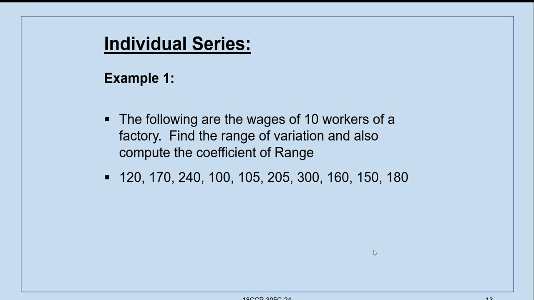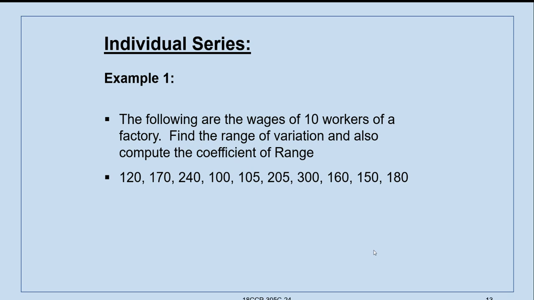Computing means calculating. Here you arrange this series in ascending order, that is smallest value first, highest value last. So the smallest value is 100 and the highest value is 300.